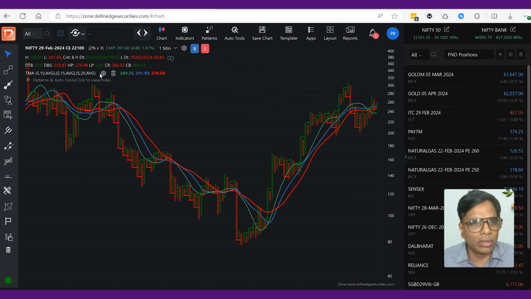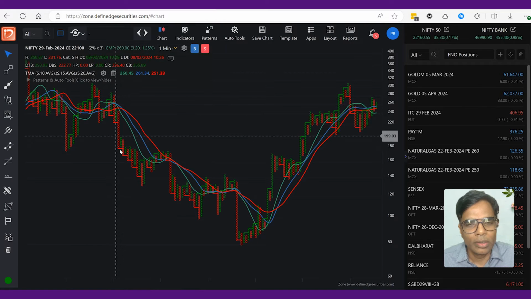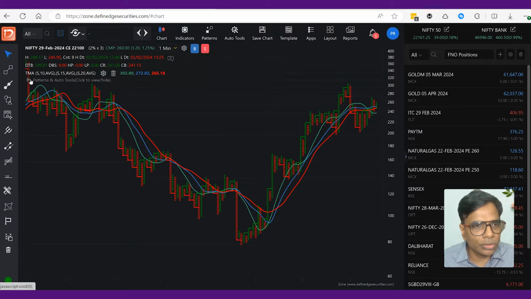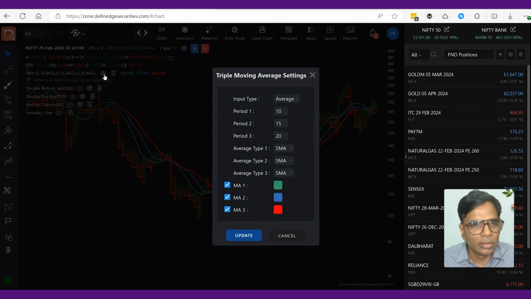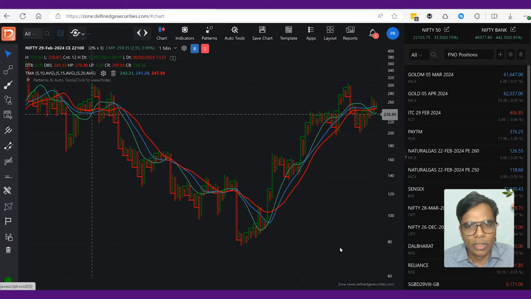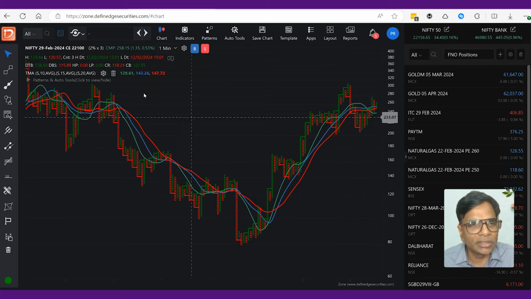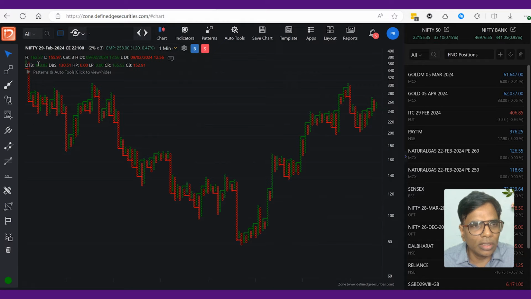This might look complex if you are very new to this. Let me show you how a PNF chart basically looks. These three lines are the triple moving averages, and as I showed you here, we have three of them.